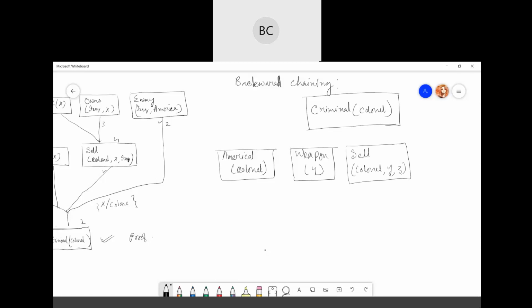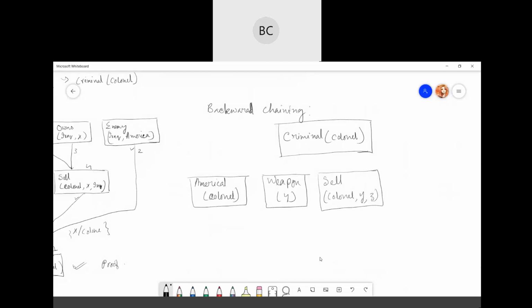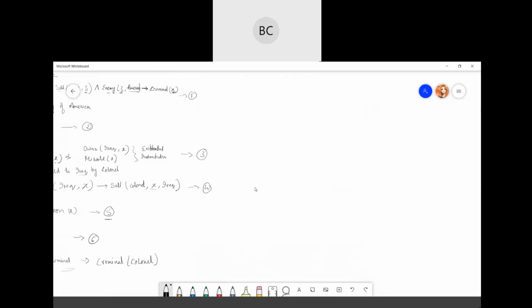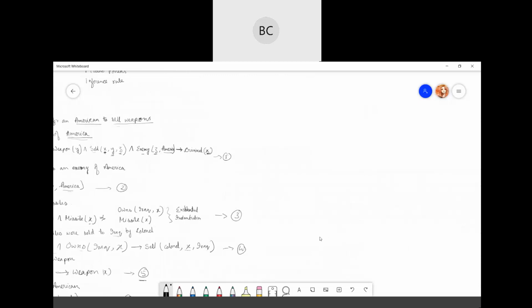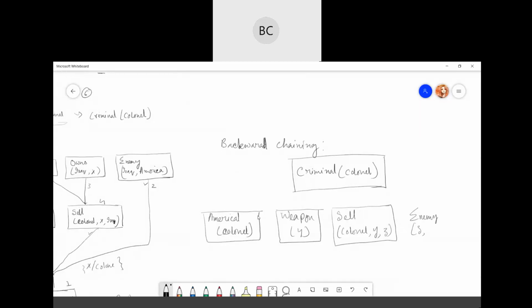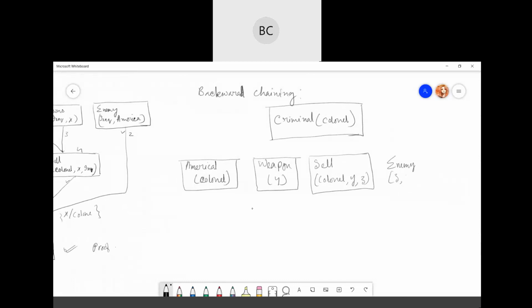Okay. Then we have enemy Z, X. So just write enemy Z, and here it was America. So keep it the same. Okay, so we deduce these things from the goal state.